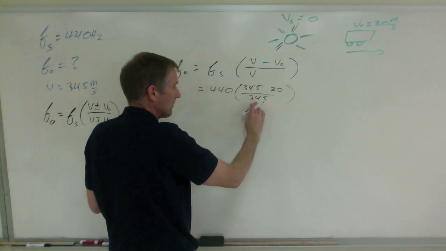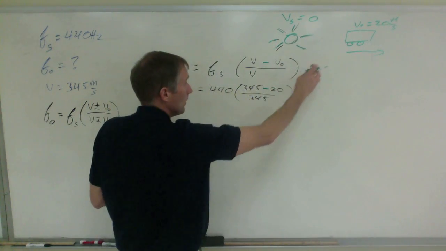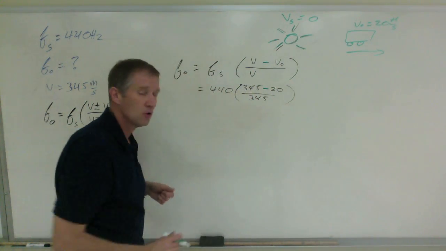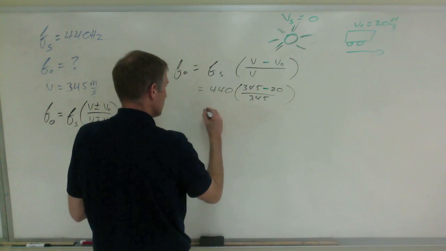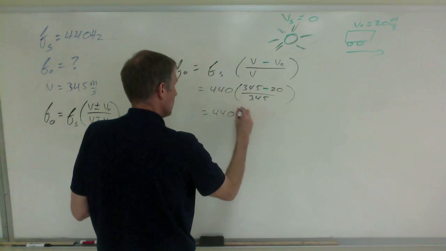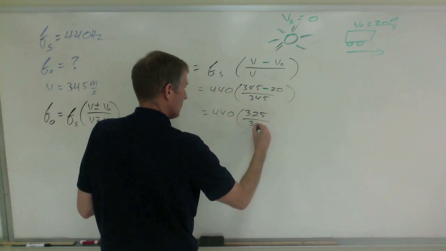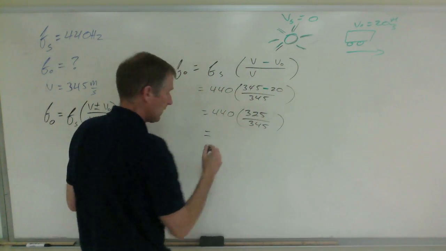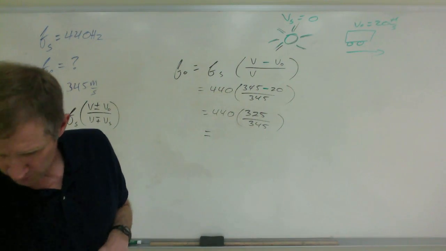That's still 345. Again, don't cancel them. You first have to subtract the 20, the speed of the observer, and then do the arithmetic. So this is 440 times 325 all over 345. And the answer is 414 hertz.